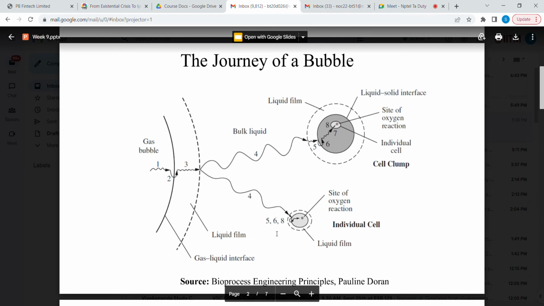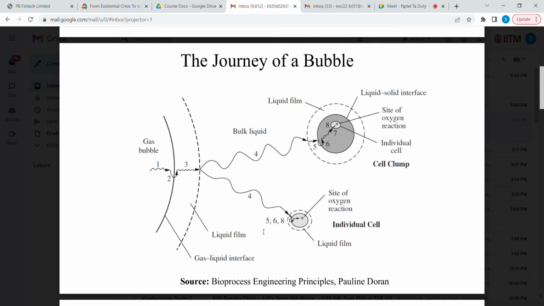So the answer is simple, right? It's just surface area. It's individual cells and smaller bubbles, because for a given volume of cells or of gas or air, the higher surface area would result in better mass transfer. It's very simple.